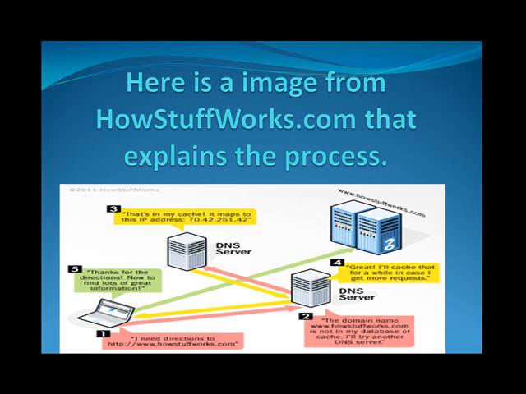So now the laptop has a numerical value, which is 70.42.251.42, for www.howstuffworks.com. So now it can directly connect to the How Stuff Works server, and you can see that in the green arrow.